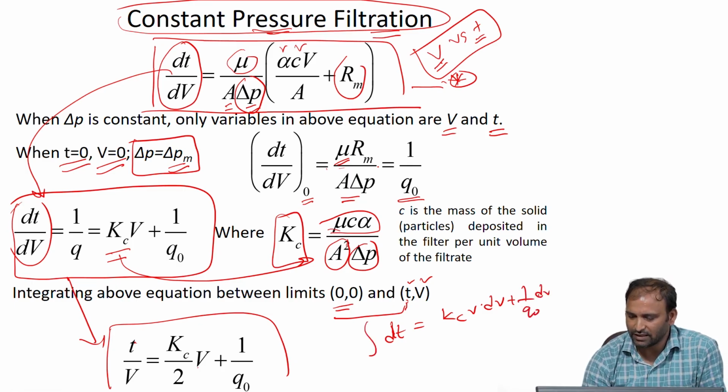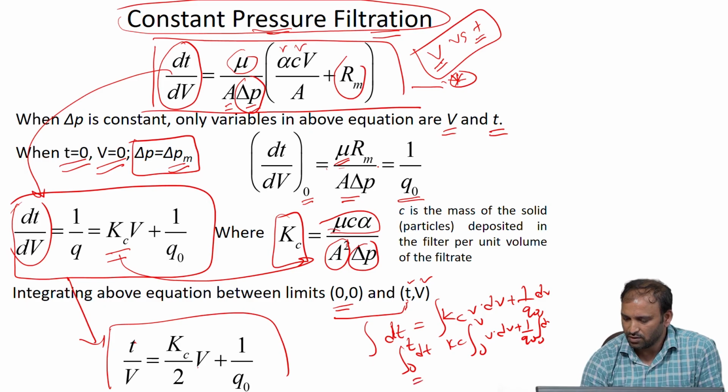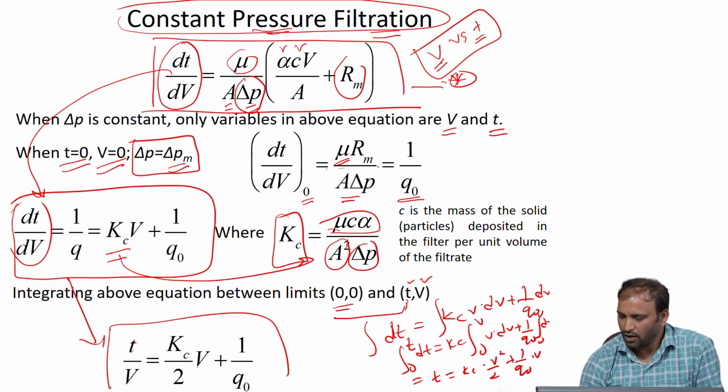So if I integrate this, what I get is 0 to t dt is equal to Kc into 0 to V V dV plus 1 over Q0 into 0 to V dV, right? So this becomes t is equal to Kc into V square by 2 plus 1 over Q0 into V.